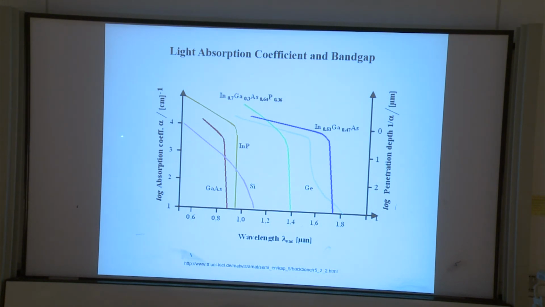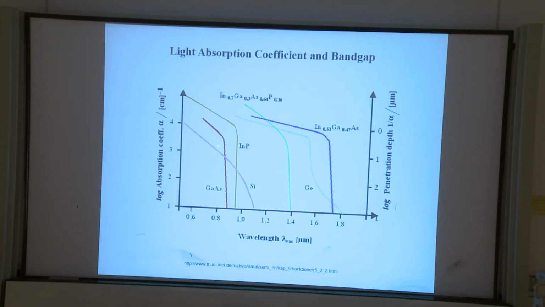On the left-hand side, alpha is always increasing. On the right-hand side, alpha is always decreasing. But there is a step jump for certain materials. Different materials have different jump wavelengths. That is the place where the photon energy is equivalent to the band gap of the semiconductor.